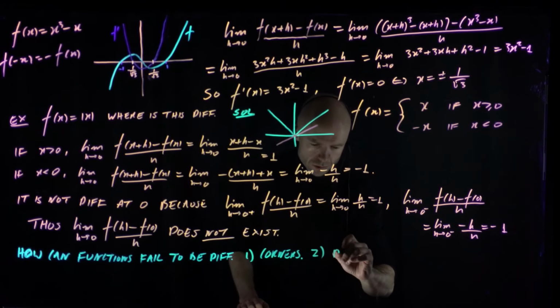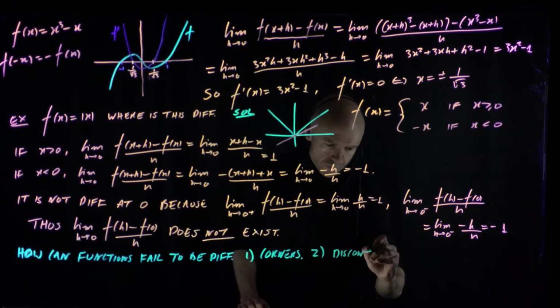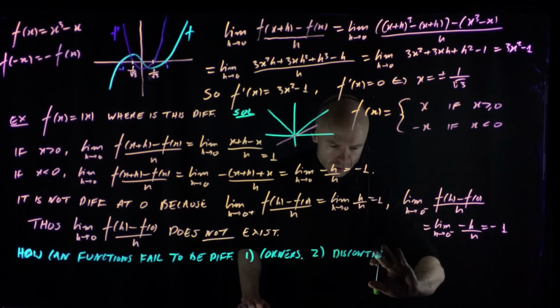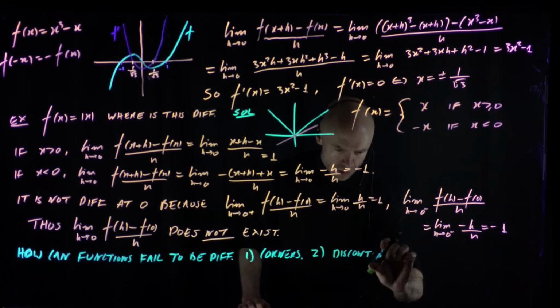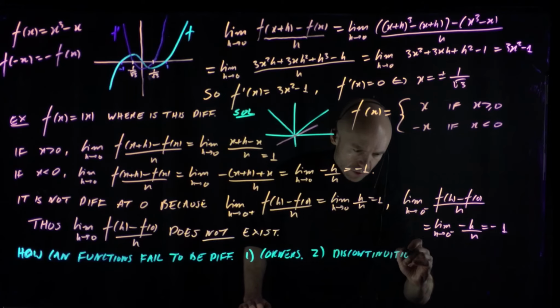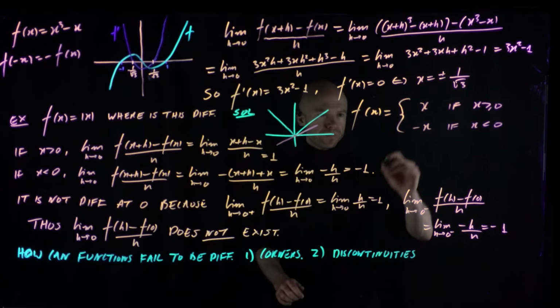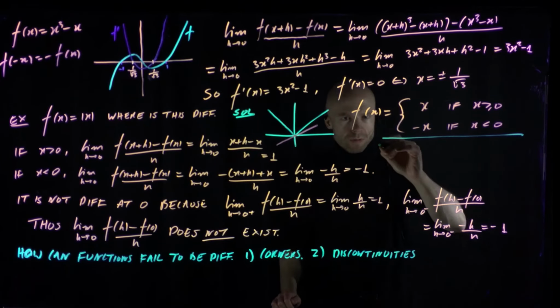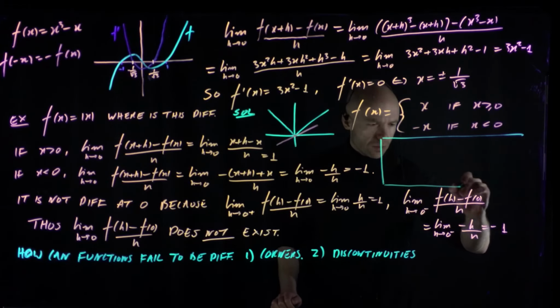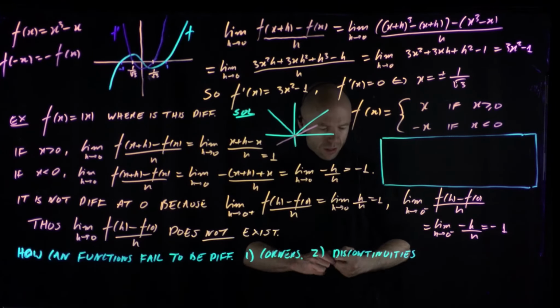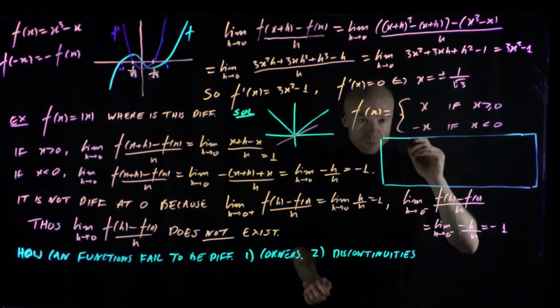I don't know how to spell discontinuous. That's right, discont. Discontinuities. And what we mean by that: we've learned that differentiable means that the tangent line does an incredibly good approximation, right, locally around the point.